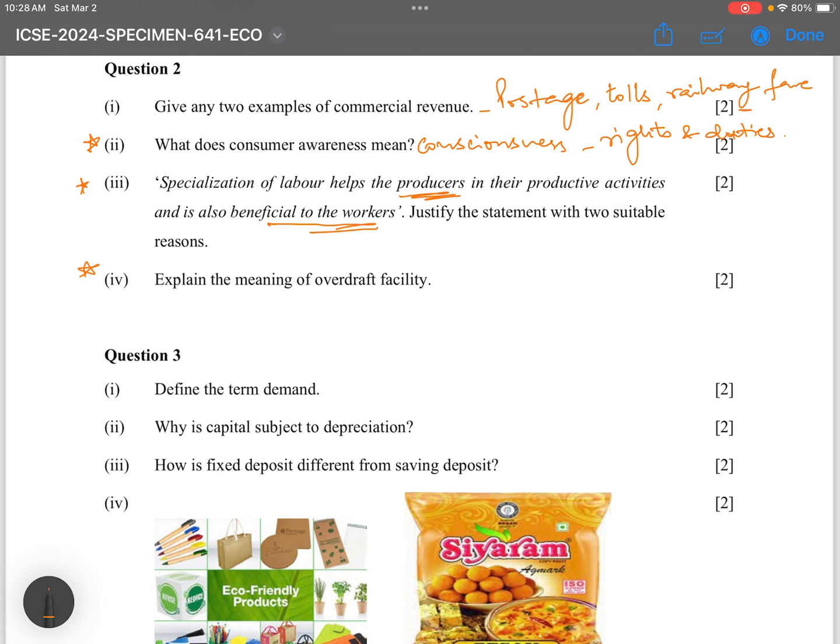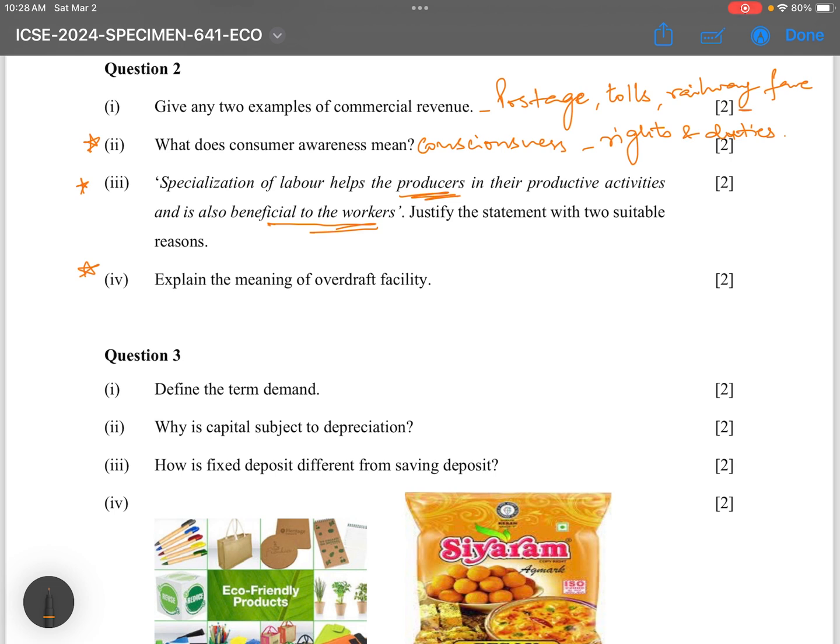Second is how it can be beneficial to the worker. Now, repetitive tasks can increase efficiency in labor, and this helps the worker also in mobility. So they can actually move from one place to another, one job to another job easily, because they have become skilled in that job. So many other producers might also be willing to hire them. Yes.